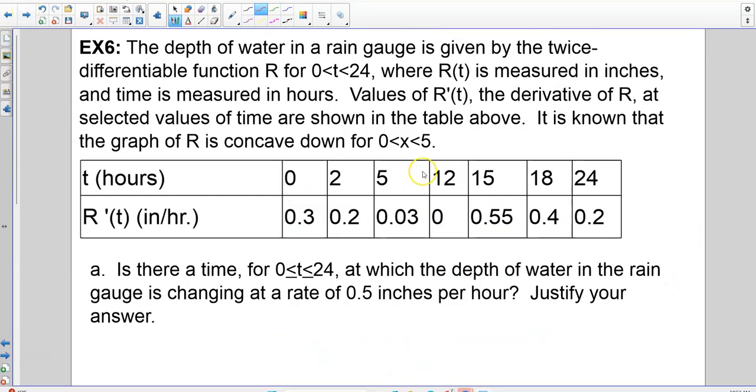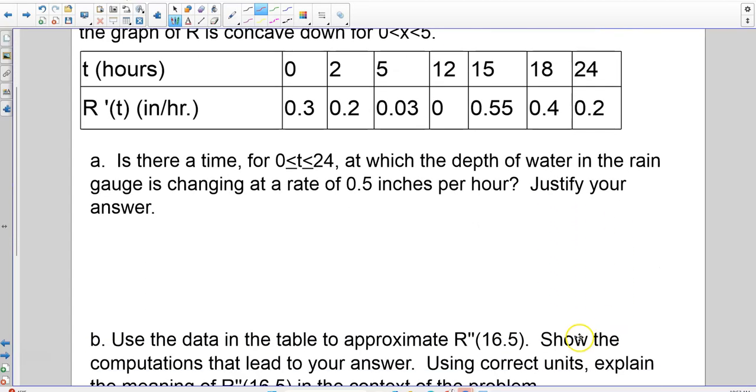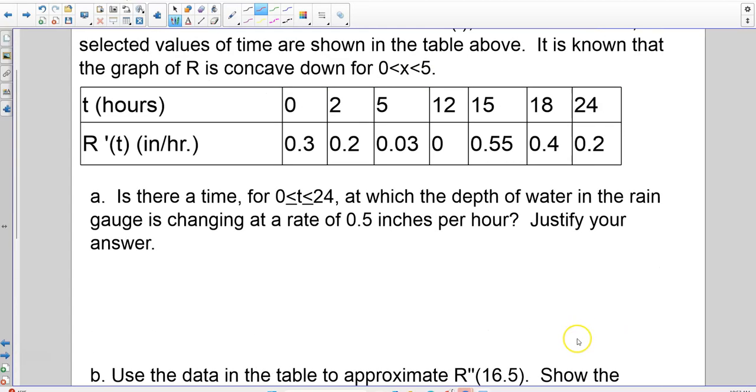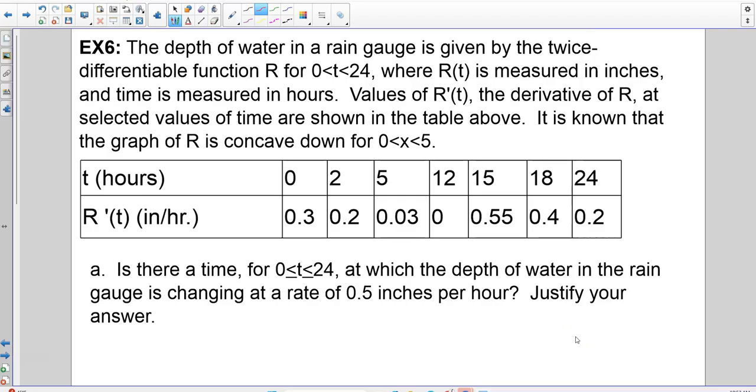All right, here's one with a table. And this one I have pulled from stuff that you'll see in free response sort of questions. Here, the depth of water in a rain gauge is given by the twice differentiable function r for 0 to 25, where r is measured in inches and time is measured in hours.